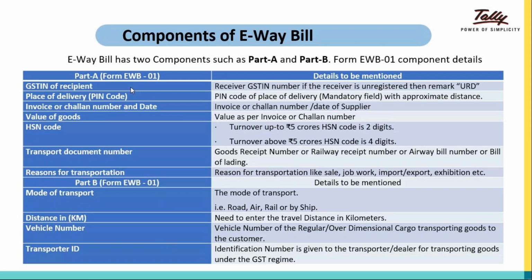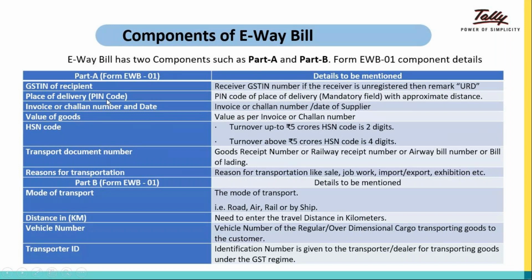So that particular company's GST registration number should be provided. And if the recipient is not a registered dealer and does not have a GST number, in that case we must mark it as URD. URD means unregistered dealer.